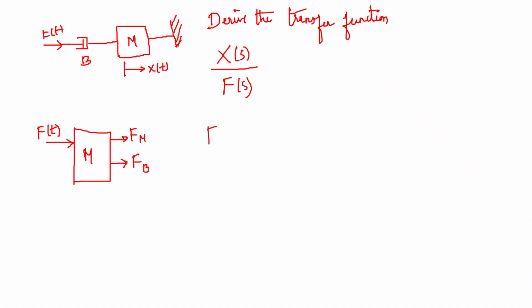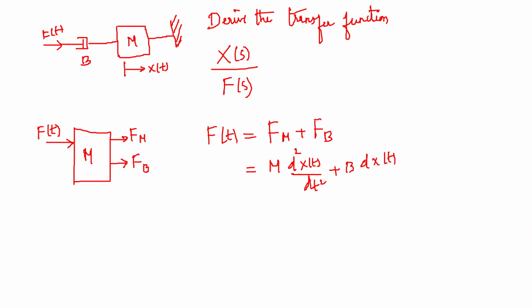So the applied force will be equal to the opposing forces Fm and Fb. These two forces can be represented as m into d squared x of t by dt squared plus b into dx of t by dt. Let us consider this as equation 1.